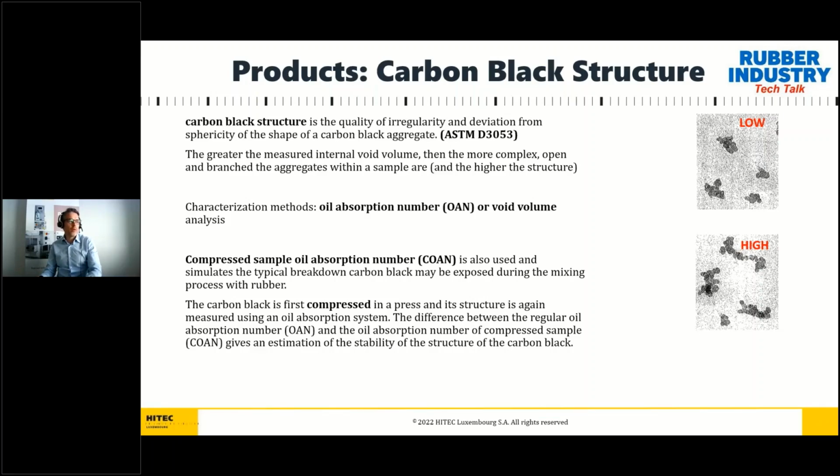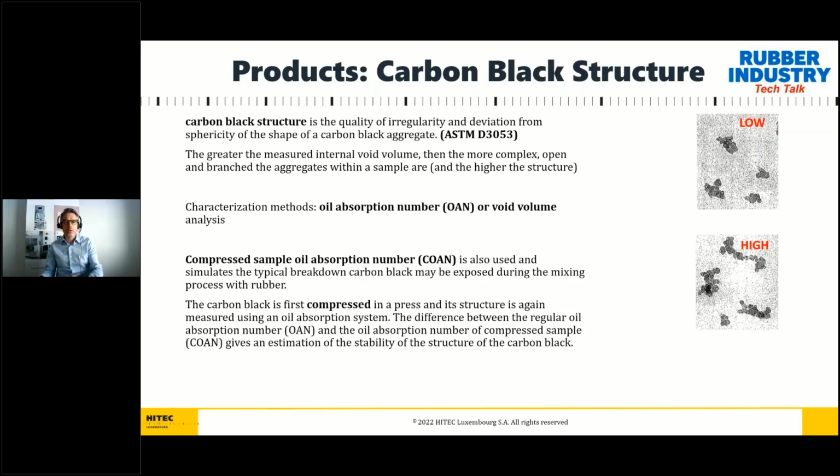Basically, when we look at the internal void volume of the aggregates, the greater the measure of the internal void volume, the more complex, open, and branched the aggregates within the sample are, and the higher the structure is. We have two main characterization methods that we can use. We have the oil absorption number, the acronym is OAN, or void volume analysis.